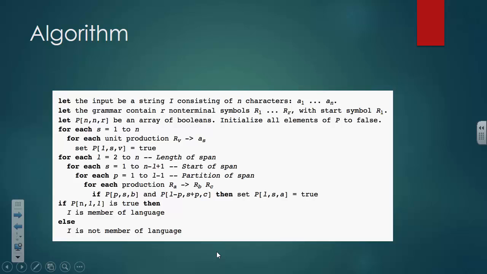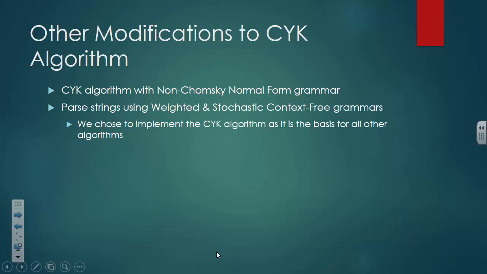Once the program completes checking each substring, it can determine if the entire string is in the language generated by the context-free grammar. Other modifications to the CYK algorithm include using non-Chomsky normal form grammars and parsing strings using weighted and stochastic context-free grammars. We chose to implement the CYK algorithm as it is the basis for all other algorithms.